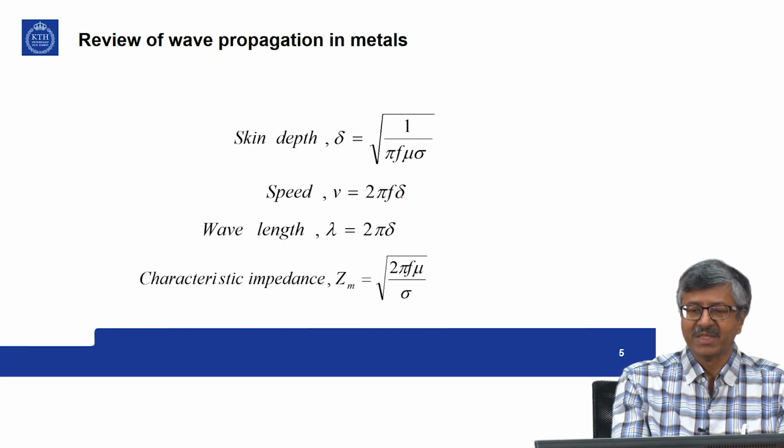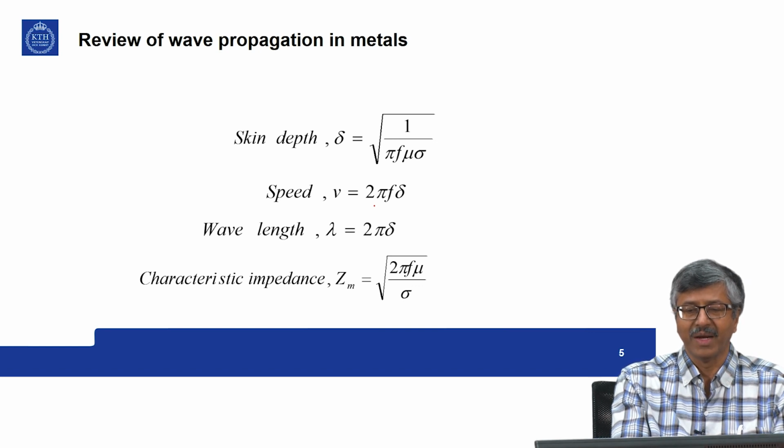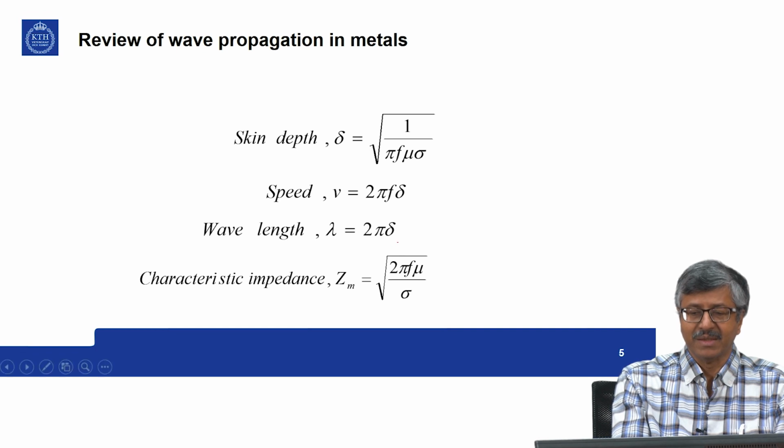So, you can see that when skin depth is very small, for high frequencies speed is less, and wavelength is also less when skin depth is small. Then characteristic impedance of the metal is equal to square root of 2 pi f mu by sigma.